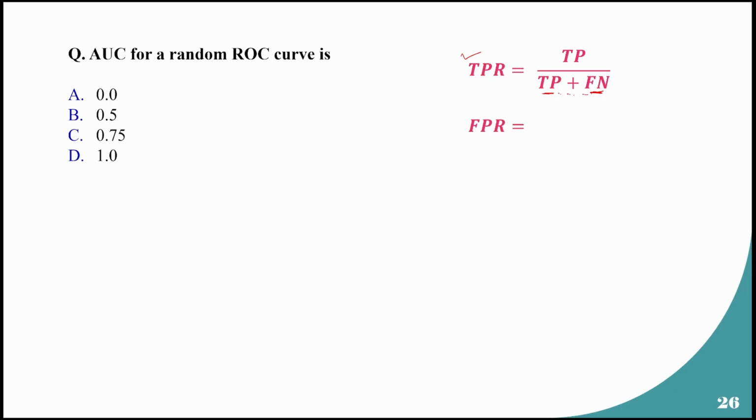And then what could be FPR? The formula, just similarly try to find out. False positive divided by false positive plus true negative. Yeah. So in this particular case, it will be out of all of the negative data in your data set, how many the model is incorrectly flagging as positive ones, right?